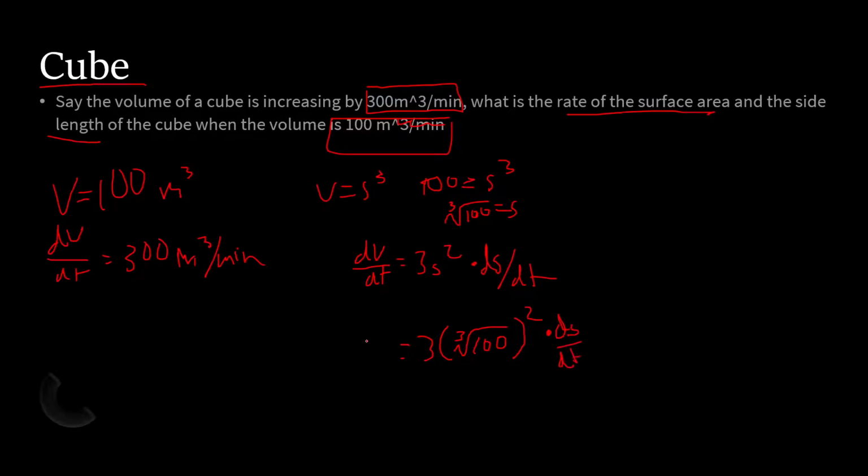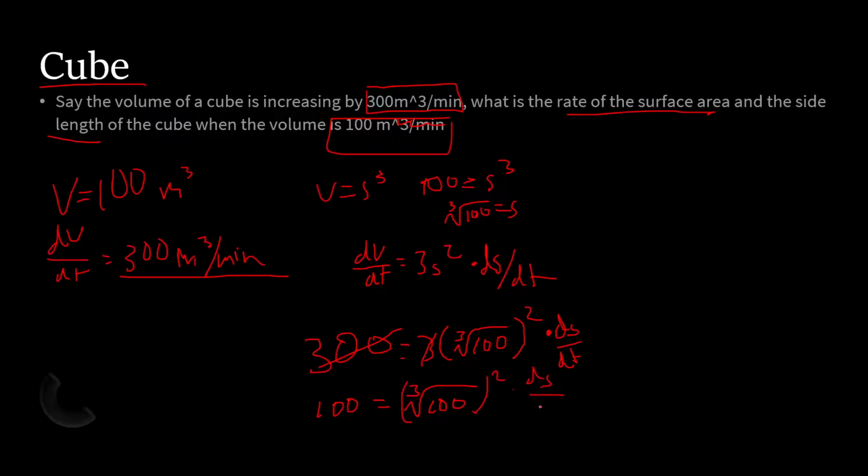So we're substituting the values because we know the rate of volume. The rate of volume is going to be 300 meters cubed per minute. So this is going to be 300. So we're going to cancel these two out. That's going to get us 100 here, and that's going to give us the cube root of 100 squared times ds.